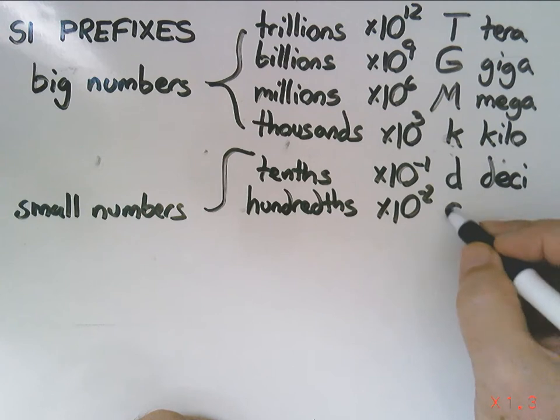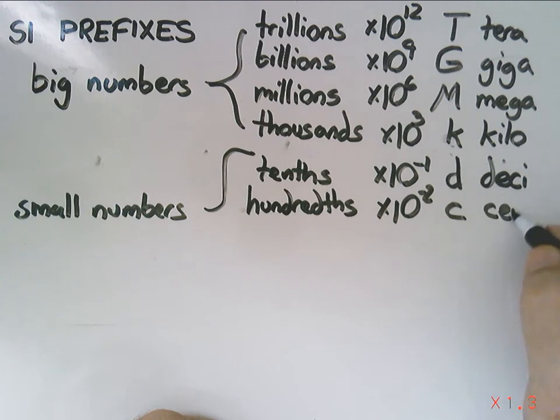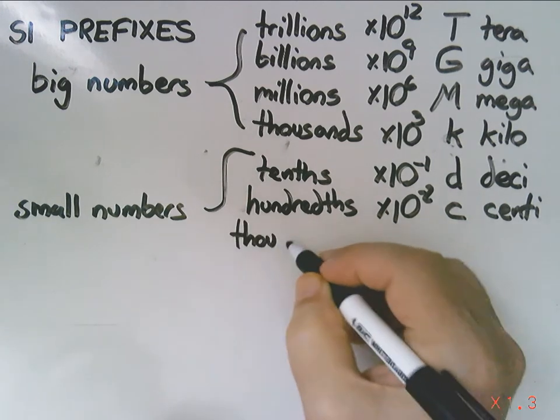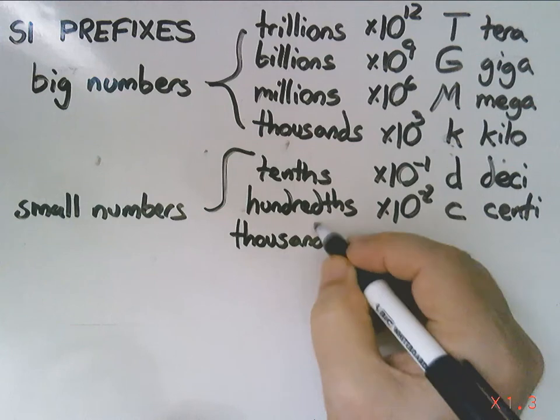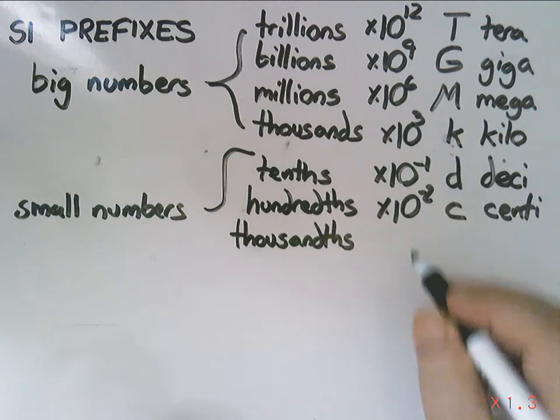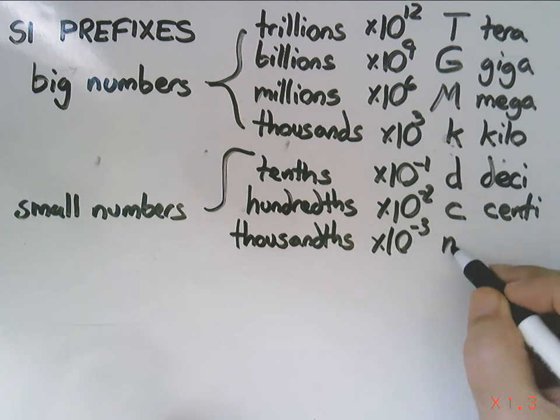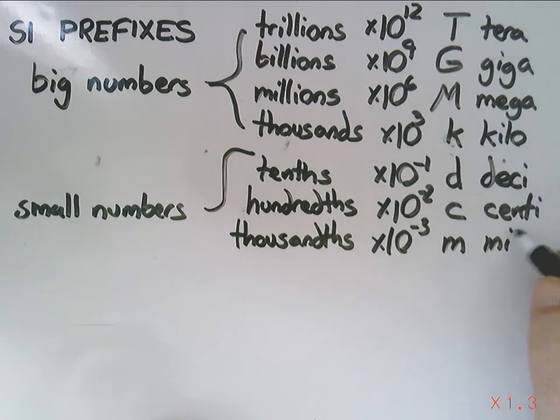And that's centi. So if I have a centimeter, that's a hundredth of a meter. Thousandths would be times 10 to the minus 3. And that's milli.